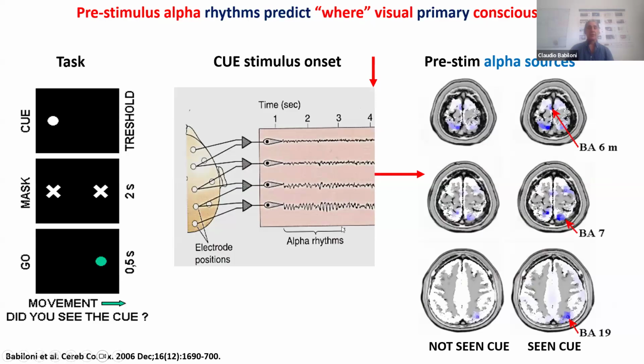To do it, you see that we used a condition in which we provided on the screen of a computer a sequence of visual stimuli, a visual task, which is represented in the right part of the monitor.